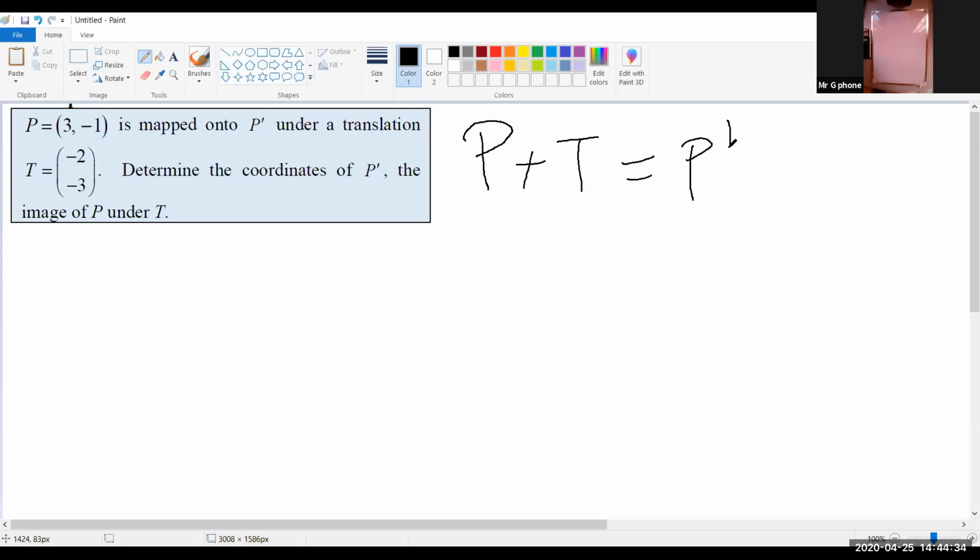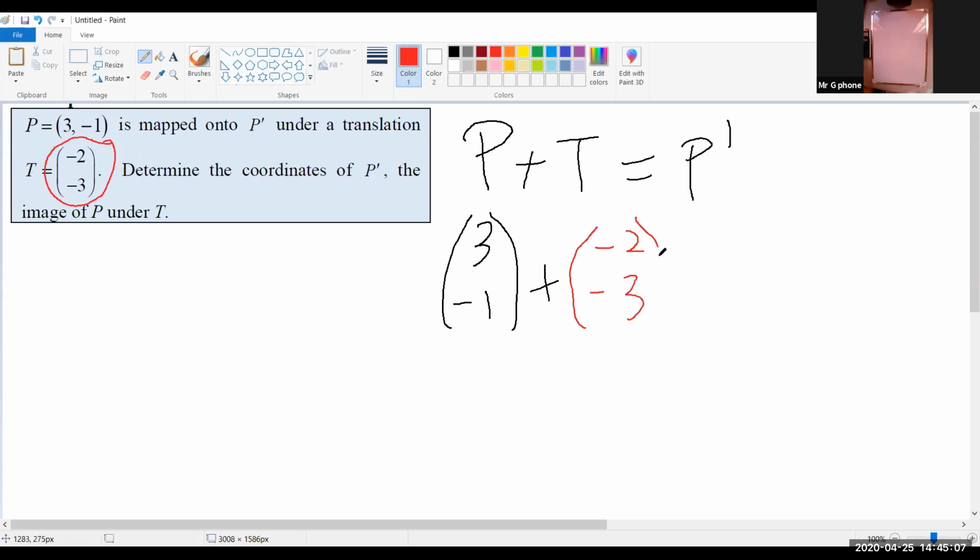Again, P is the object, and to solve a question like this, it's the object plus the translation, which will give us P1. So what is P? P is (3, -1), plus the translation vector, which is (-2, -3).